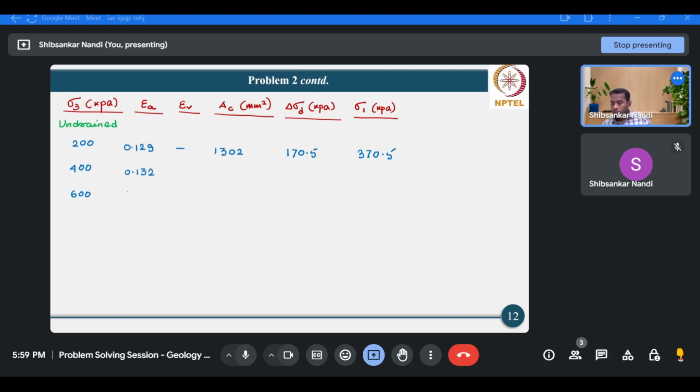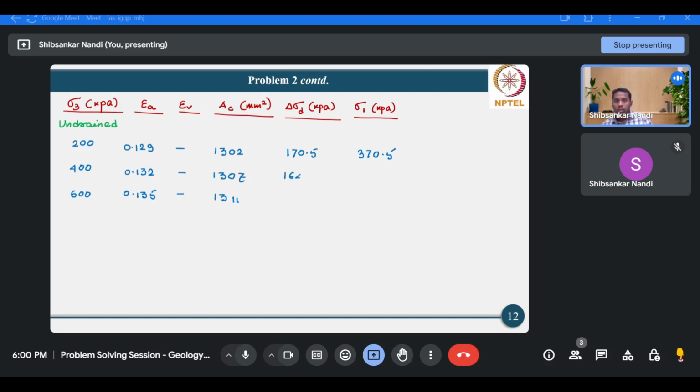Okay. So 0.132, 0.135. These are the axial deformations for 400 and 600 kPa confining pressure respectively. Therefore, the corrected area would become 1307 and 1311.